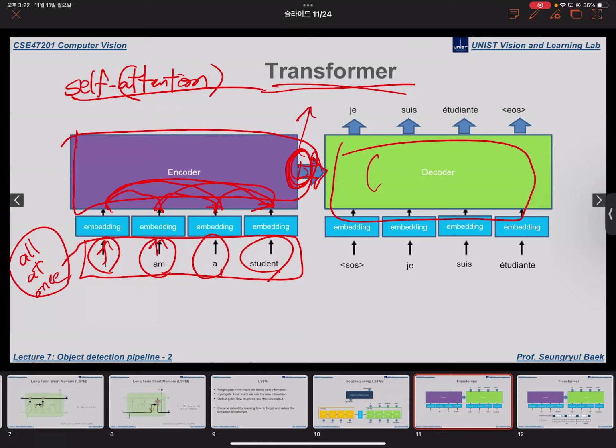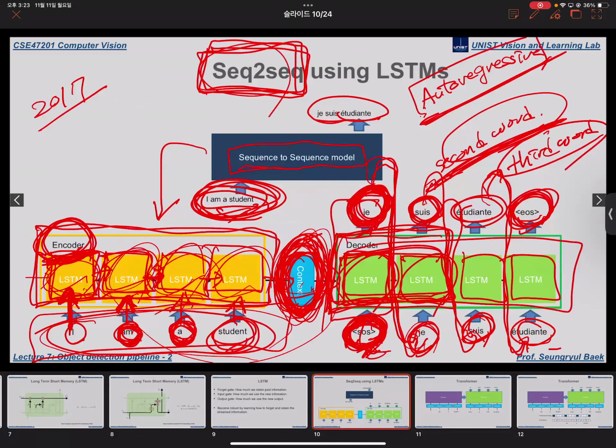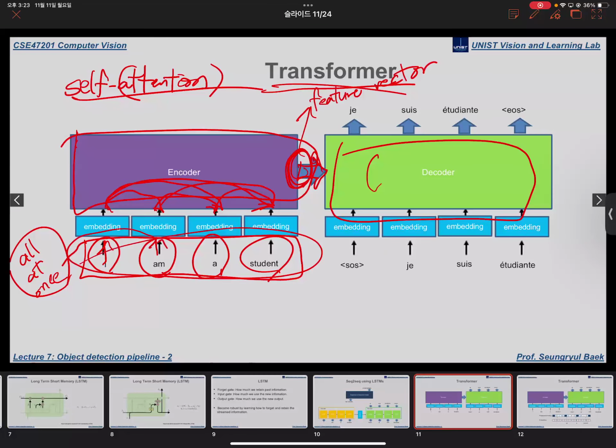So here we have to get a feature vector that encodes this sentence, similarly to the previous encoder, right? But what we do to calculate this feature is we calculate some relation between every word the sentence is having, okay?